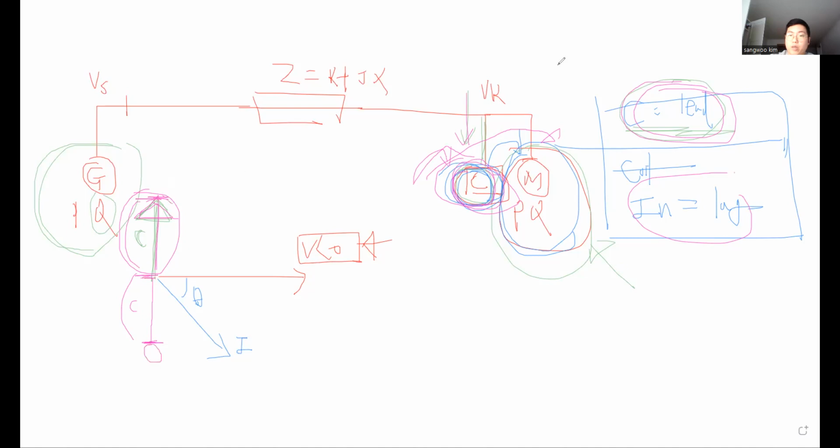So for example, if we do a phasor here, which color is better? This color. The current is gonna be this. Because it provided this part, we just draw the reverse way, because now it's a provider, not a consumer, just providing as a generator.